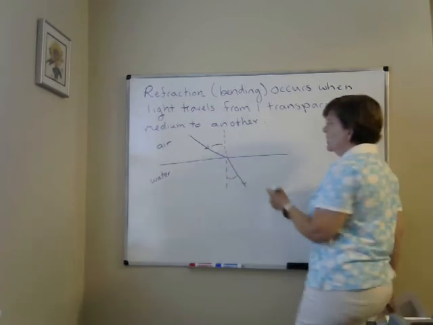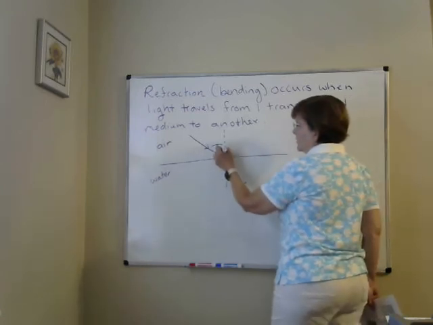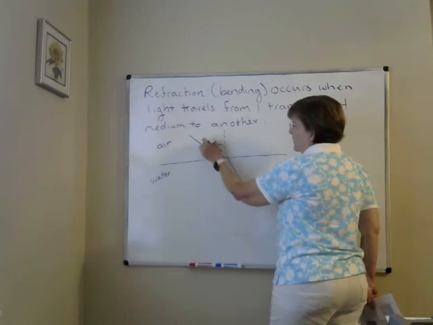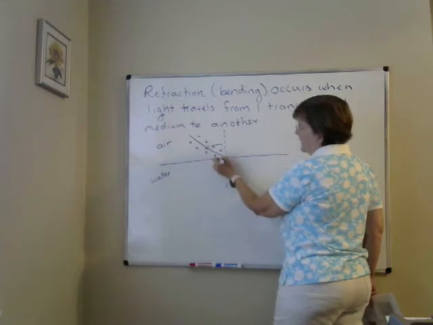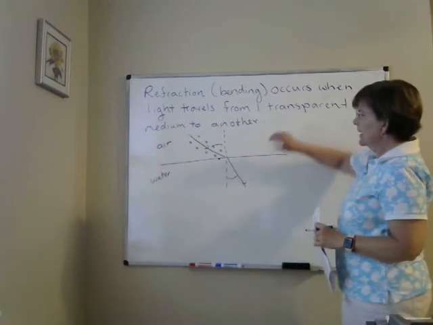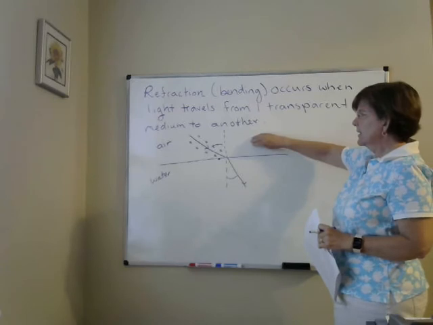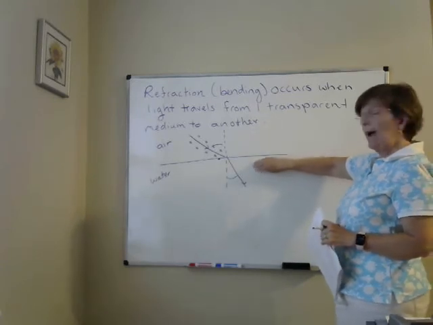If we think about pushing a baby buggy that has wheels, there's a wheel here and a wheel here. This wheel hits the water first. Only let's think about this as being a hard surface like concrete and a slow surface like sand or gravel.